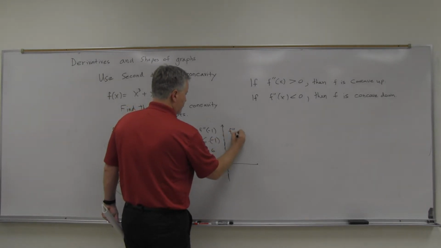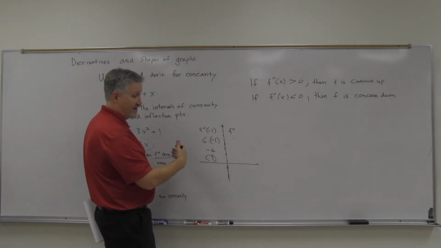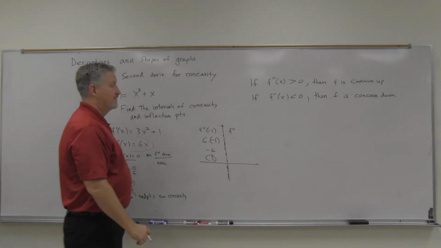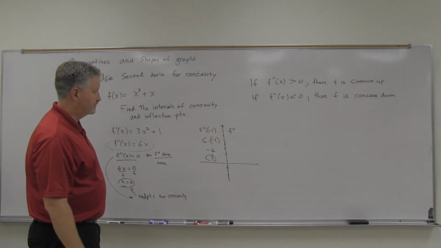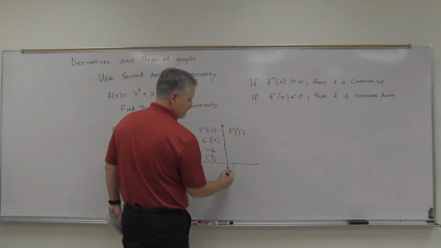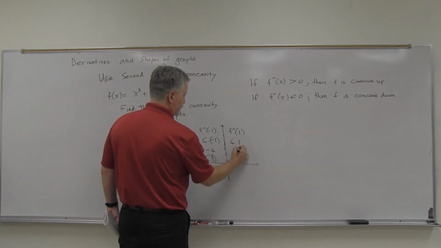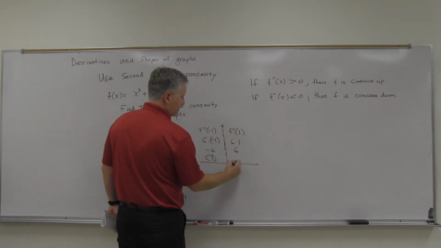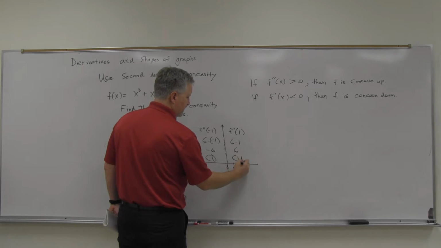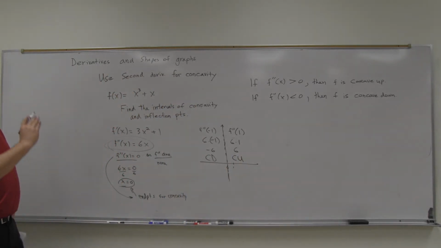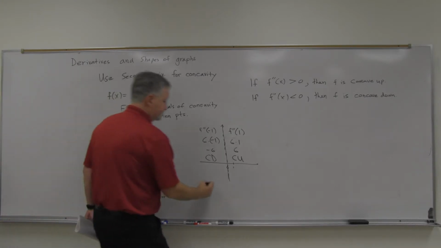All right, so on the other side, it may not alternate, concave down to concave up. We saw one example where it did not alternate, so better check it. So this side we could do a positive one, and sure enough, it is positive, so positive second derivative, that's concave up. So we've got concave down to the left of 0, concave up to the right of 0.